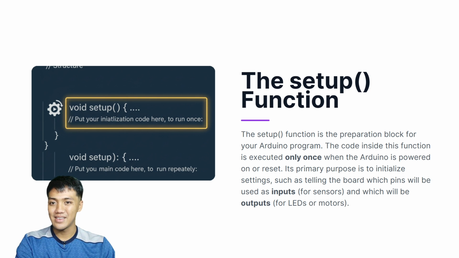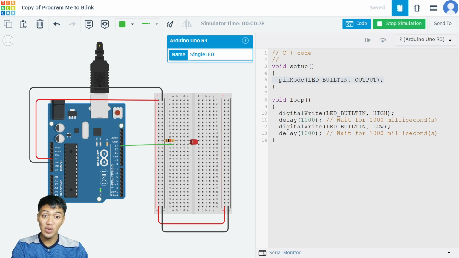Okay, so we have your void setup, and inside this block of void setup, we have your pin mode. Pin mode LED built-in, comma, output. Now, what does this pin mode say?